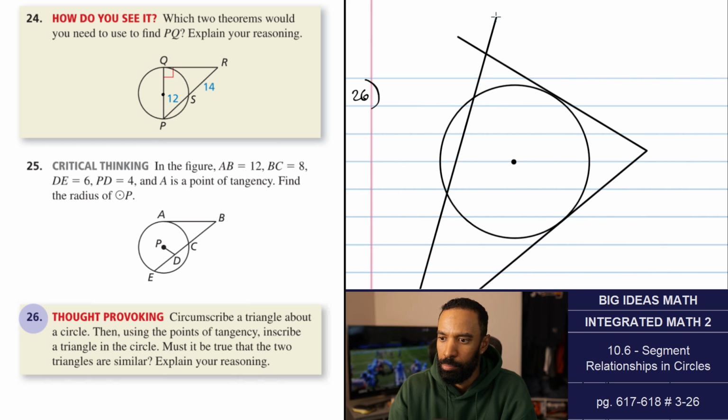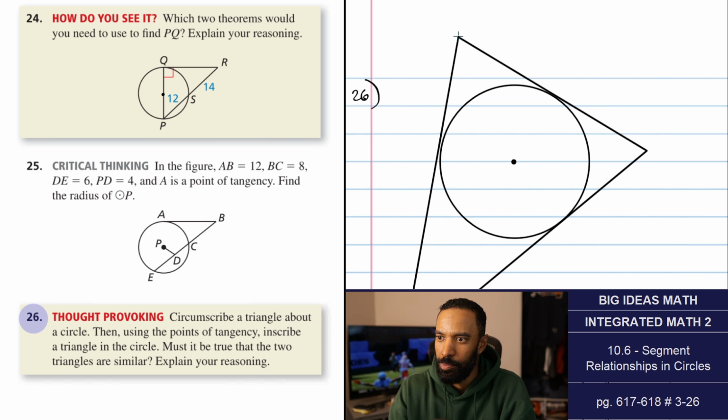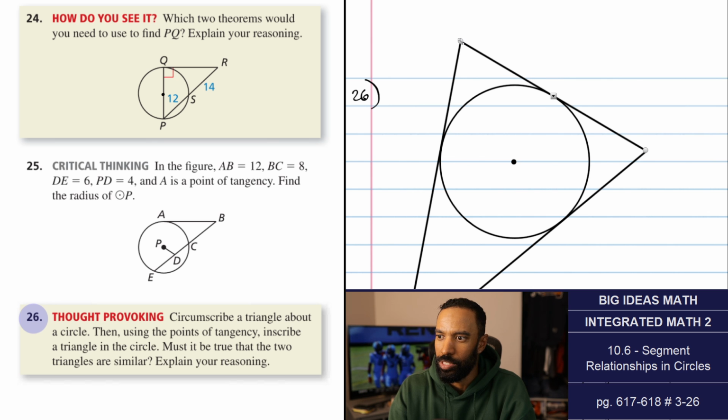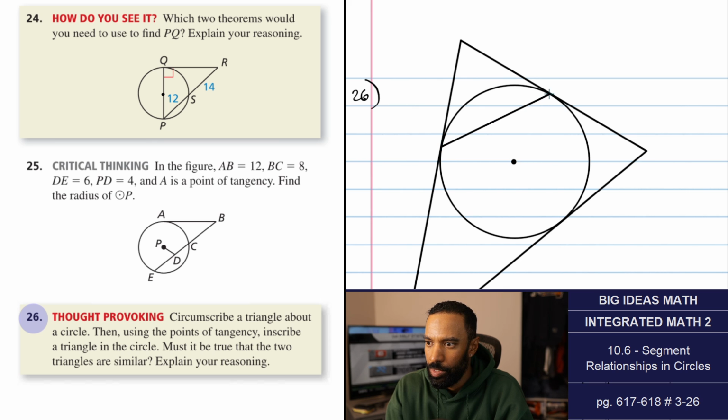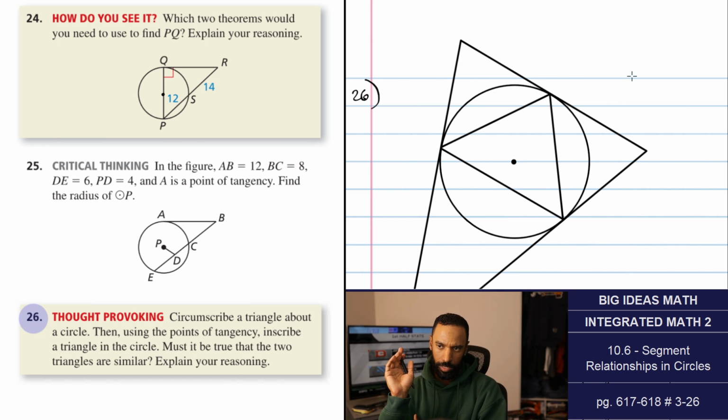So boom. That's pretty good. Let's go right there, tangent, and I'll shorten the other one up. So, boom. They said use the points of tangency to inscribe a triangle inside the circle. So now this one, boom, boom, and boom. They said, must these be similar?